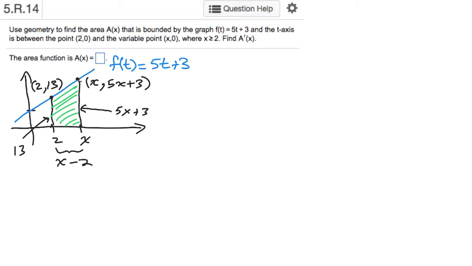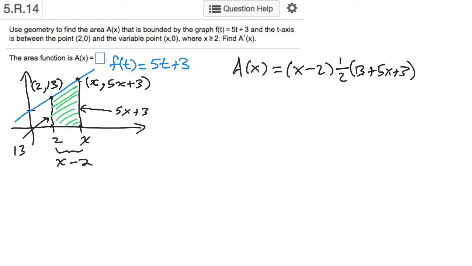So I now have a trapezoid with all the parts labeled. The formula for the area of a trapezoid is just the base times the average height. That's how I like to remember it, base times average height. So the average height we can find because we know the two heights. The two heights are 13 and 5x plus 3.